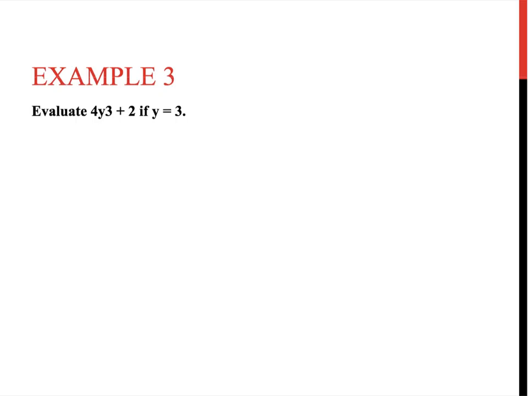Example number 3 is evaluate 4y to the third power, that should be a small 3, plus 2 if y is equal to 3. So again, we're going to replace y with 3.